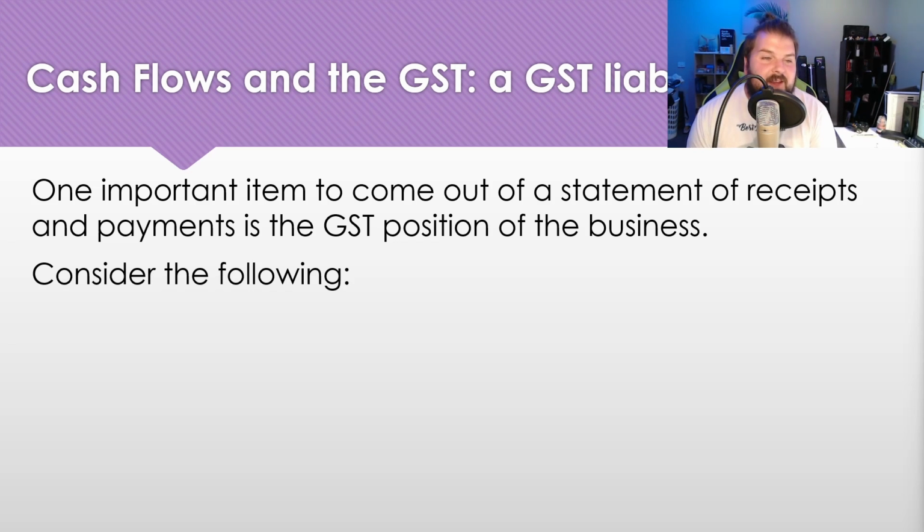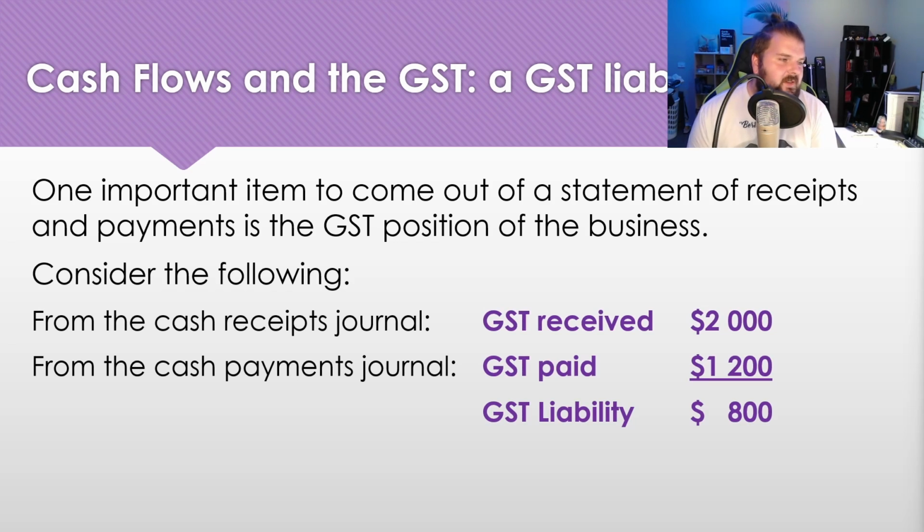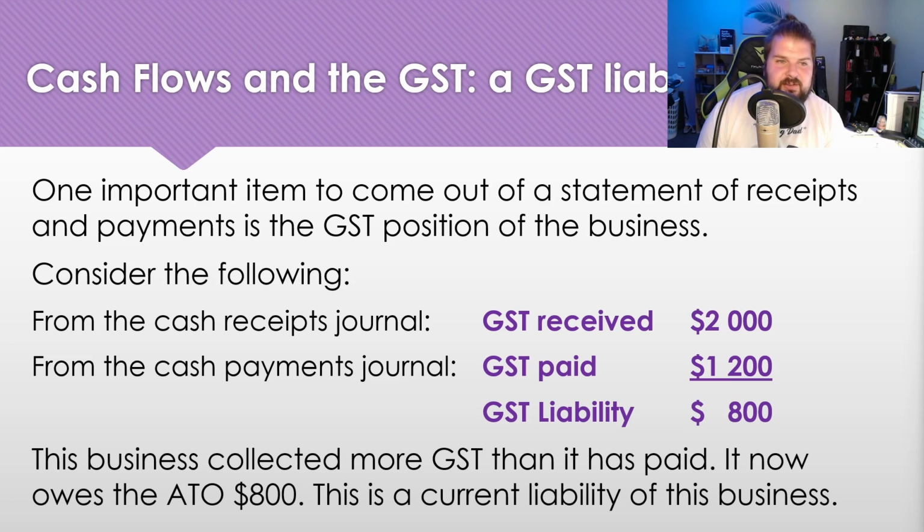But when we're looking at GST, let's take an example. So say the cash receipts journal says that we've received $2,000 of GST, but we've paid $1,200 of GST. That means that we've paid out to other tax agents $1,200 of our liability. So the amount that's left is the amount that we still need to pay to the ATO, which is $800. So that's shown as a current liability.